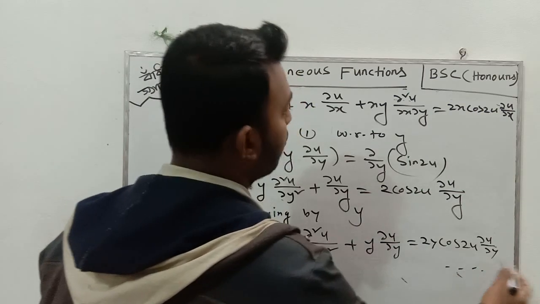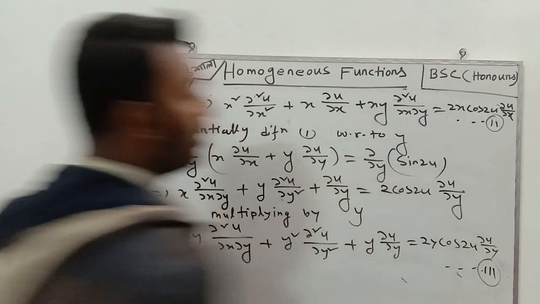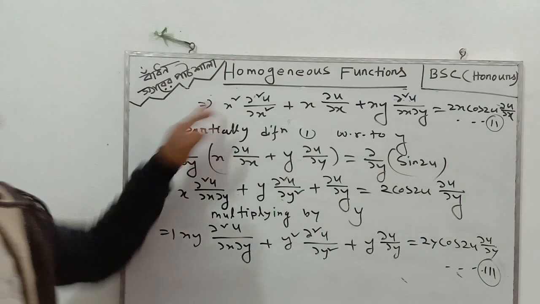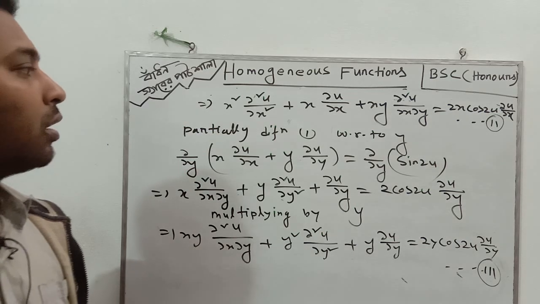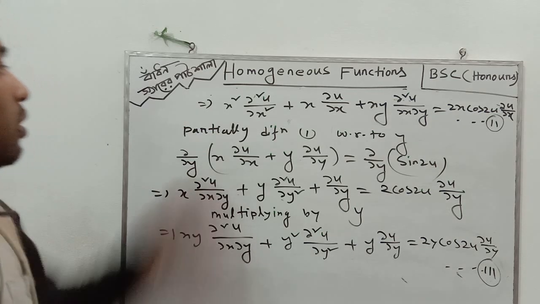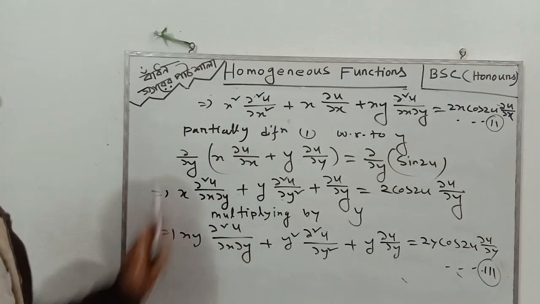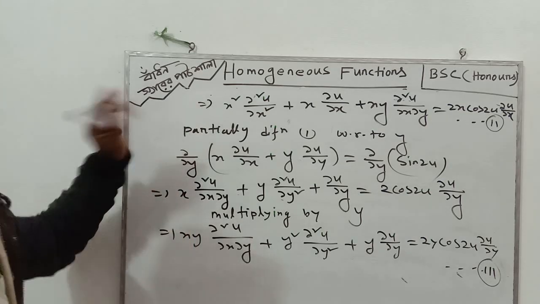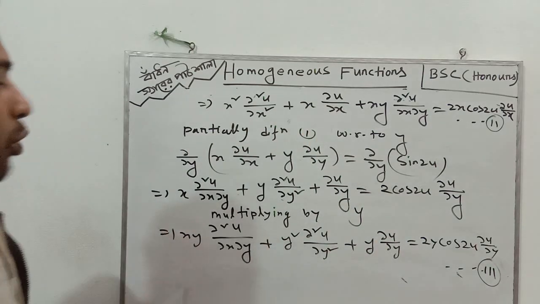This is equation number 2 and this is equation number 3. So we have to add these equations if we want to prove the result, adding equation number 2 and equation number 3.